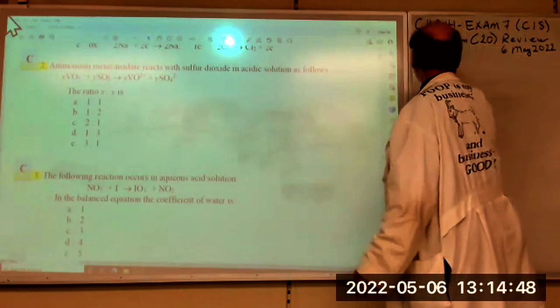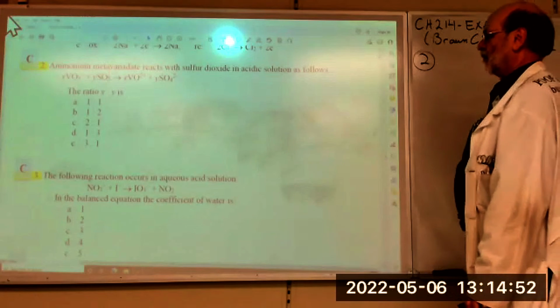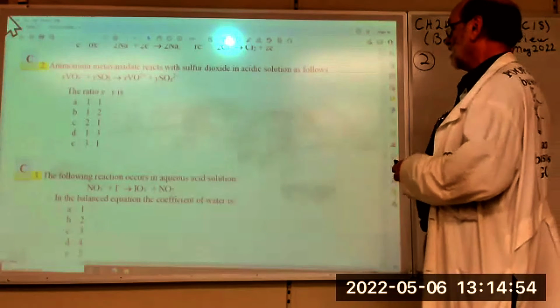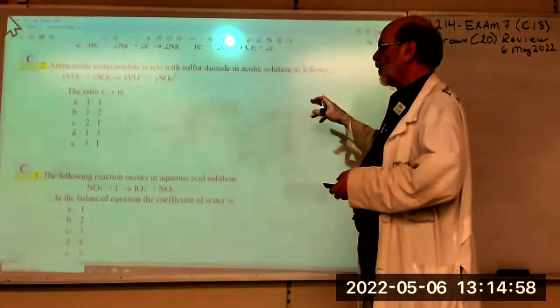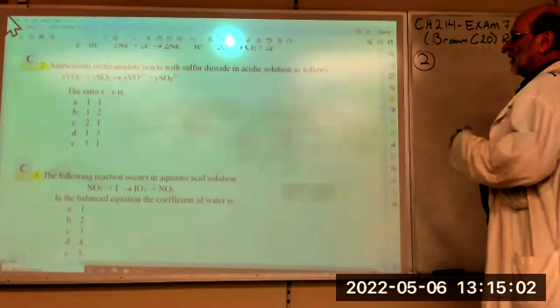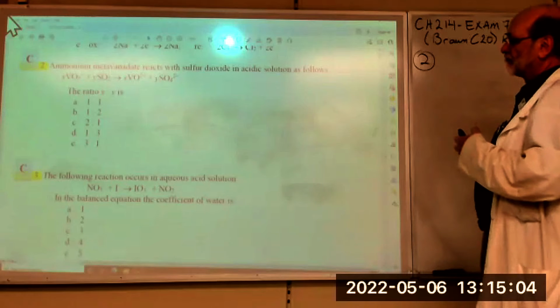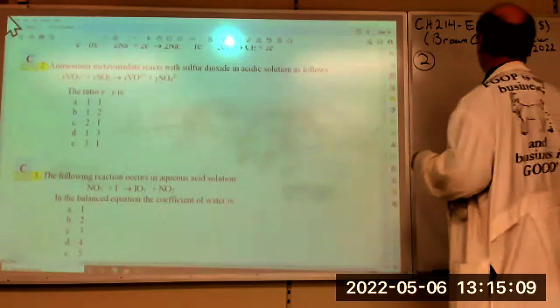Okay, ammonium metavanadate reacts with sulfur dioxide in acidic solution as follows. The ratio of X to Y is, okay. So let me put that one up here.